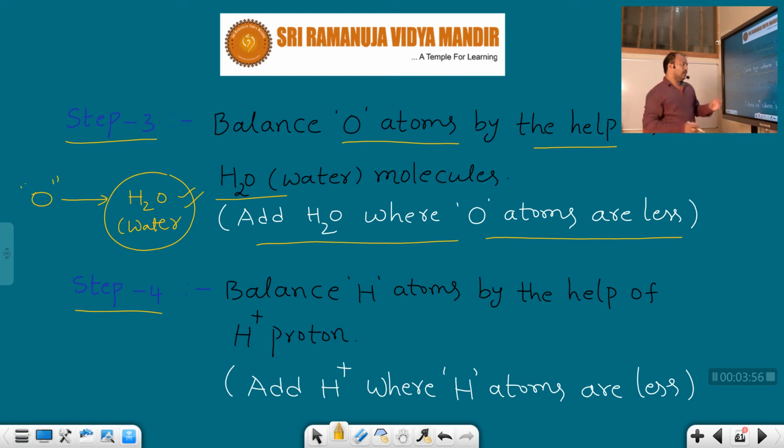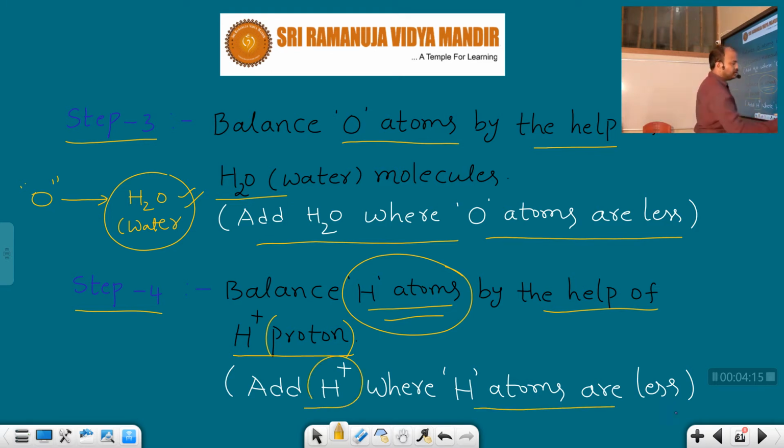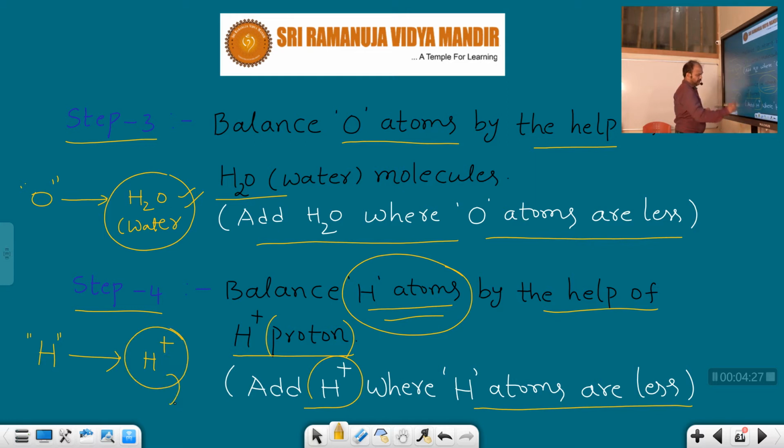Step 4, what is it? Last but not least, balance hydrogen atoms with the help of which? Protons. H+ means protons. So after that we have to balance the hydrogen atoms with the help of protons. Add H+ protons where hydrogen atoms are fewer. On the side where the hydrogen deficiency is, we add H+ ions, that means we add protons.